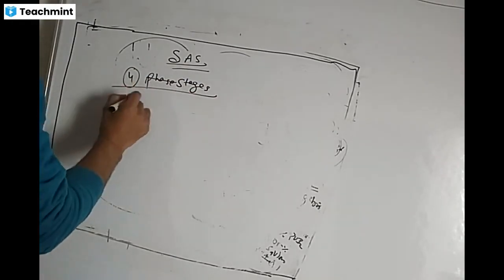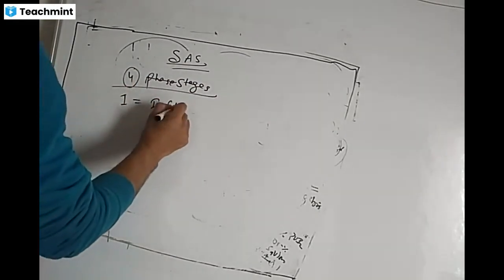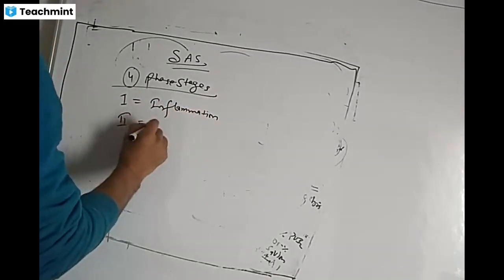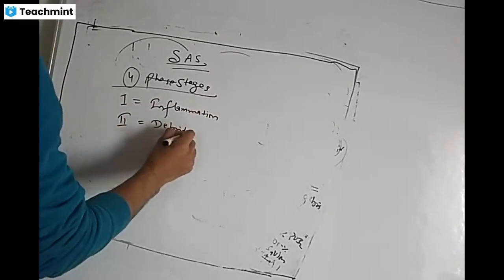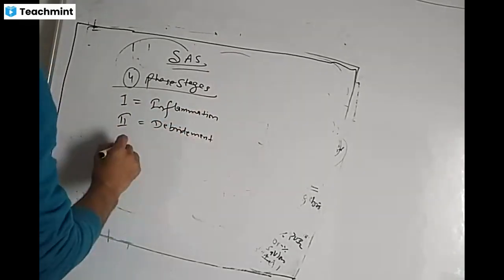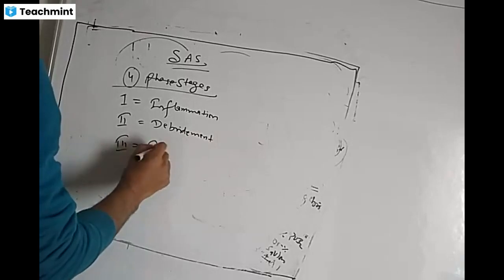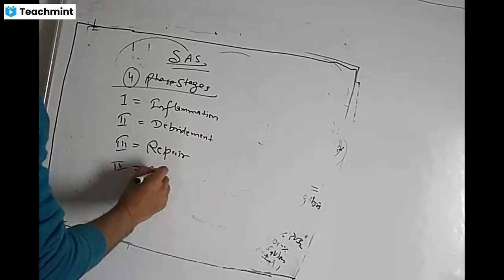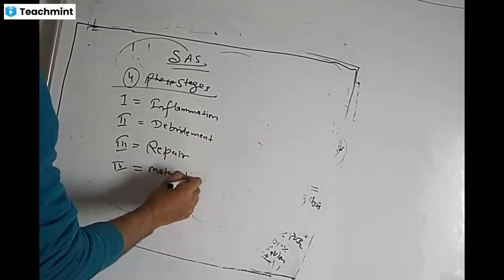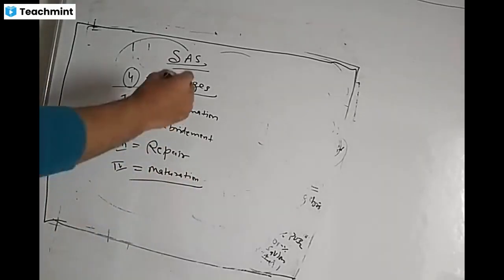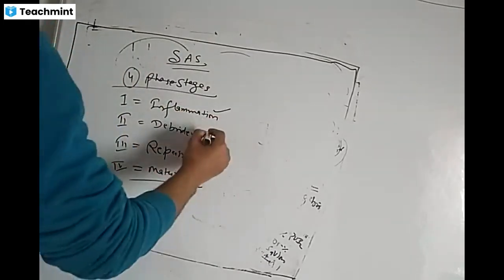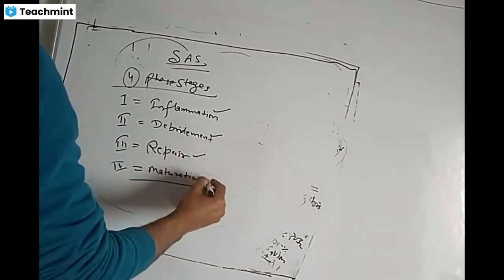The first is inflammation, the second is debridement, the third is repair, and the fourth is maturation. So these are the four phases of wound healing on its own, by natural ways: inflammation, debridement, repair, and maturation.